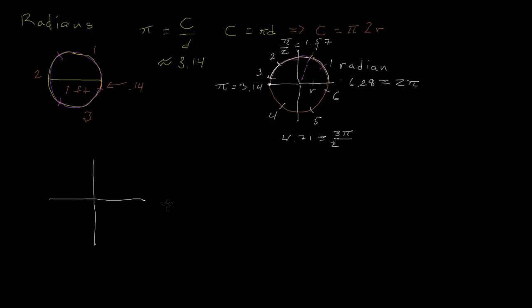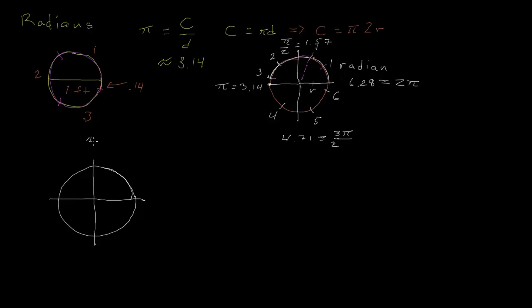Now to do this, I'm going to draw a circle again. Do my best. To do this, it's good to have some of these markers that I've made up here.